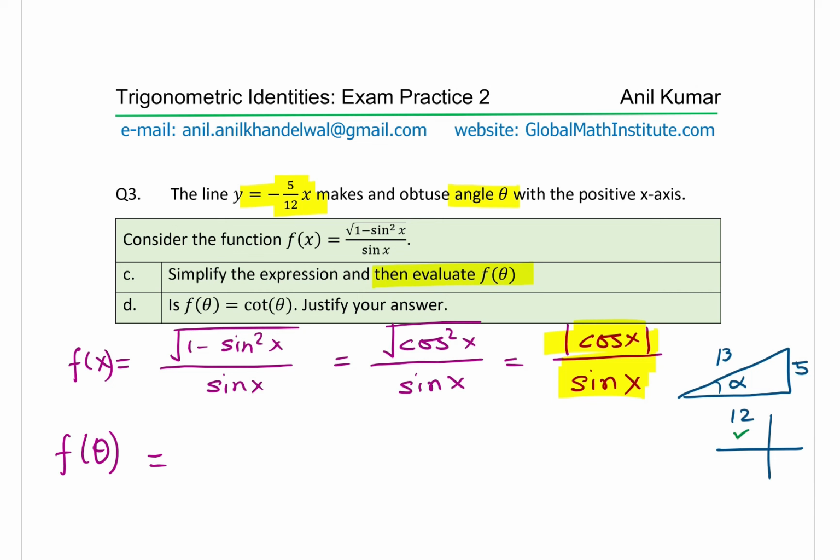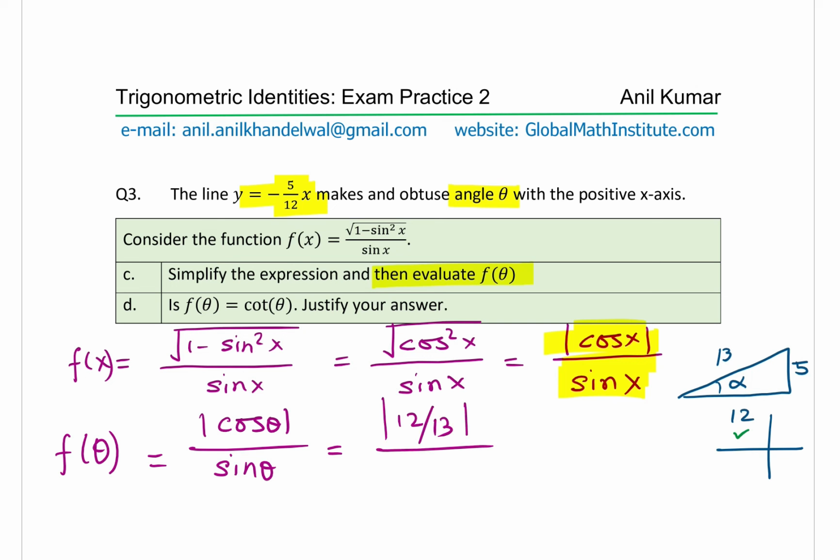So f of theta is when cos theta is given to us as, let's write down the values. We don't really need to find the angle, but we'll take the positive value of cos x. So it will be the positive value of cos of theta over sine of theta. Sine is itself positive in this particular quadrant. Now the cos value is 12/13, right?